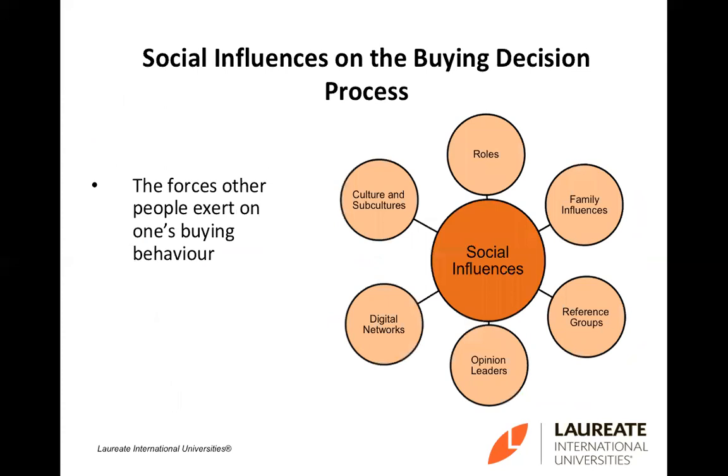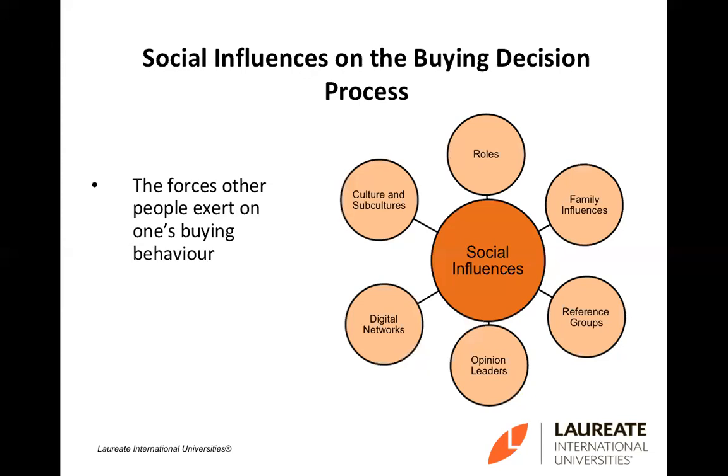Some people call it the outer layer in terms of the factors influencing consumer decision making. They include the culture, the values that consumers adopt, roles, family influences, reference groups, and opinion leaders.